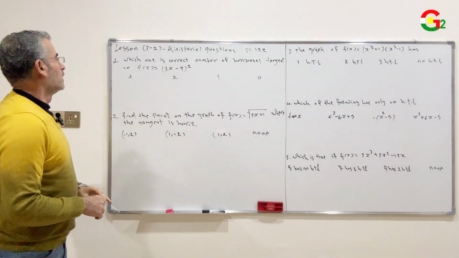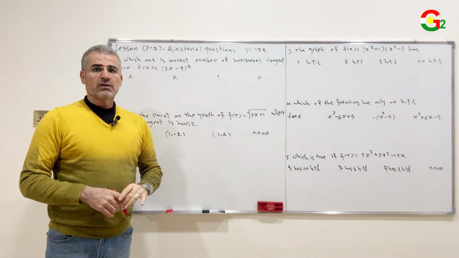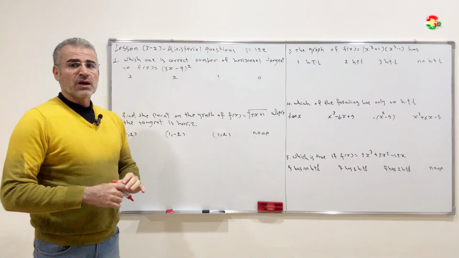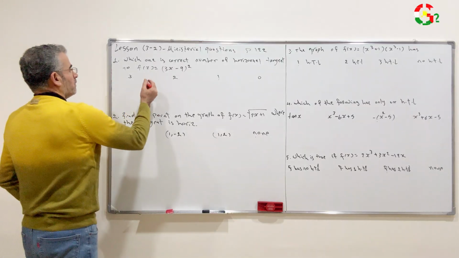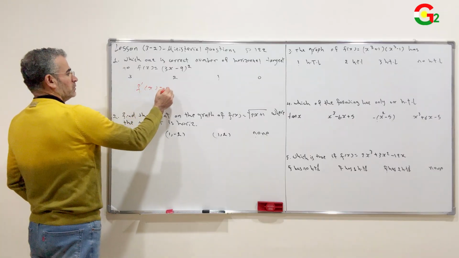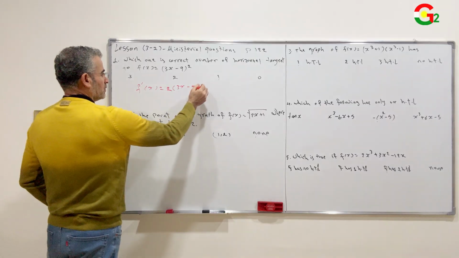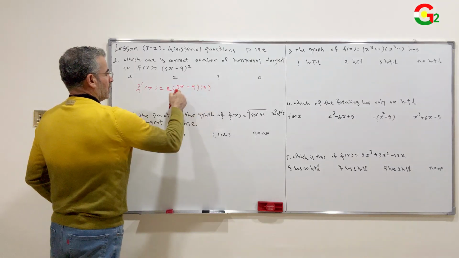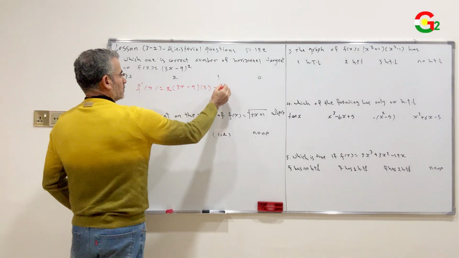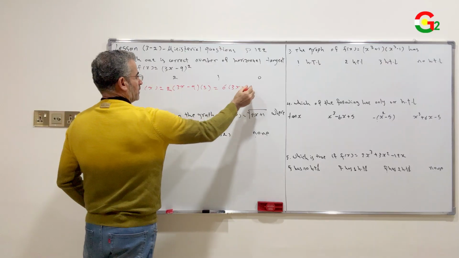To find the number of horizontal tangent lines, we will find the number of values of x that make the derivative 0. Find the derivative of this function first. F prime of x equals 2 times (3x minus 9) times 3, the derivative of the term inside the bracket, equals 6 times (3x minus 9).